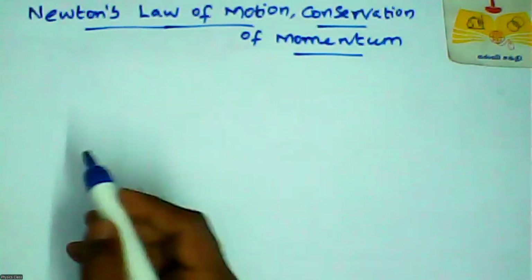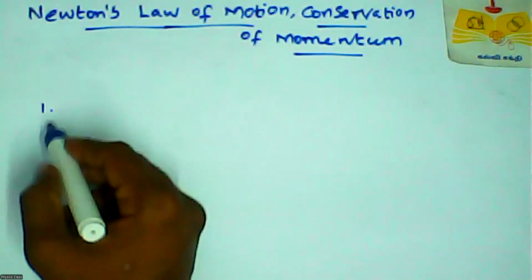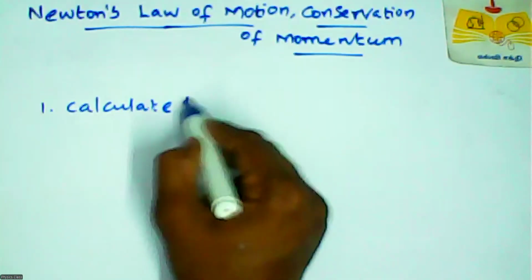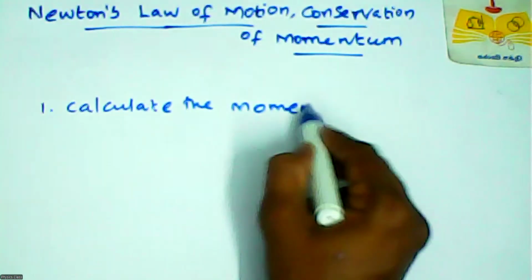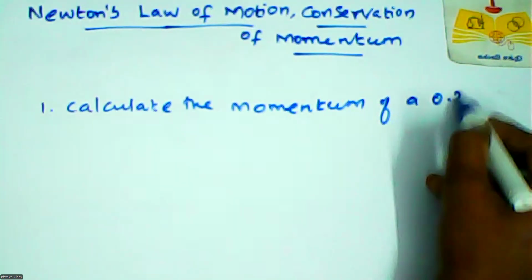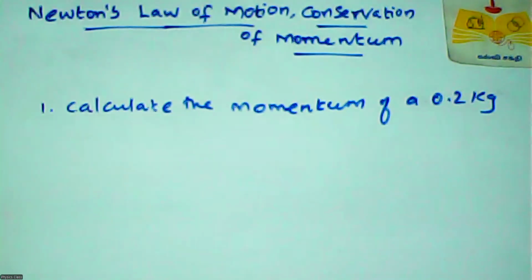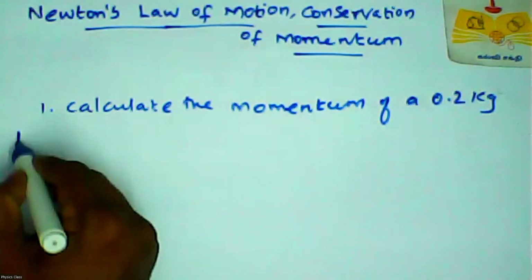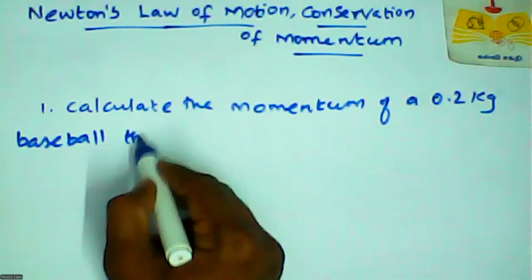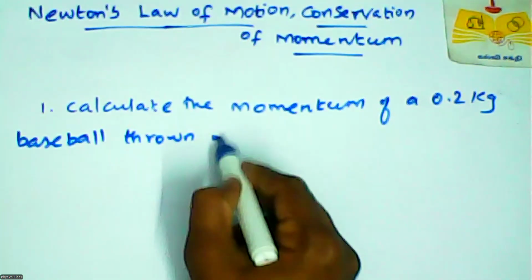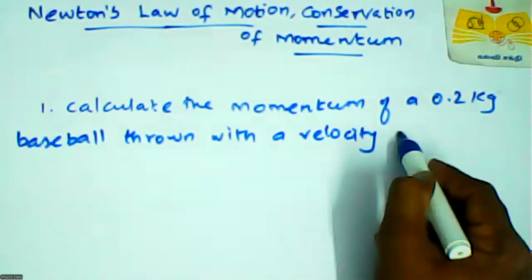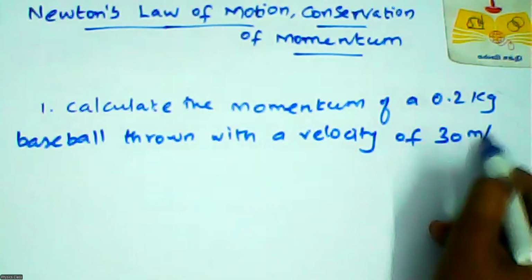Please write this down in your notebook. First one: calculate the momentum of a 0.2 kg baseball thrown with a velocity of 30 meters per second.